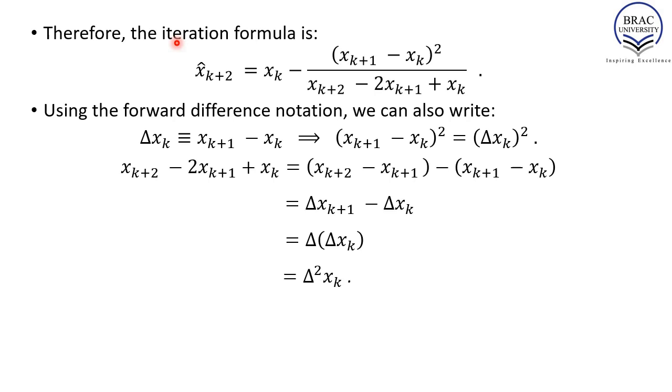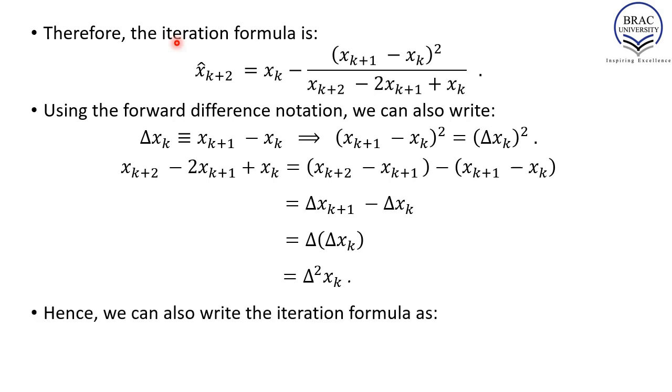Sometimes the delta notation is used in many textbooks and lectures. In this delta notation, we can write the iteration formula as x k plus 2 hat equals x k minus (delta x k) whole squared divided by delta squared x k. That is a simplified notation, but it is the equation that we are going to use.